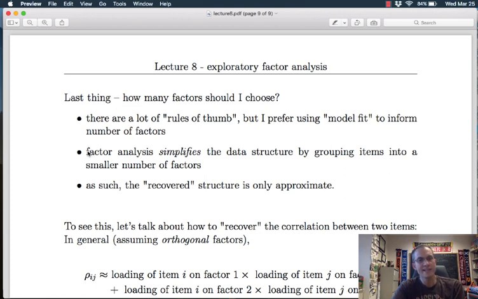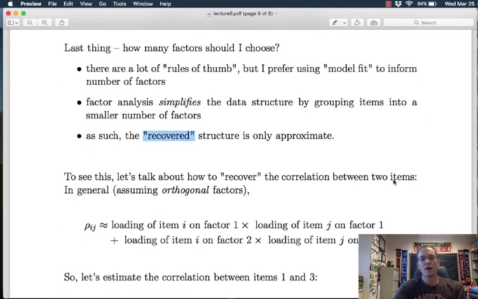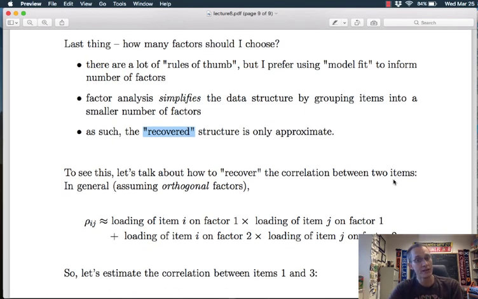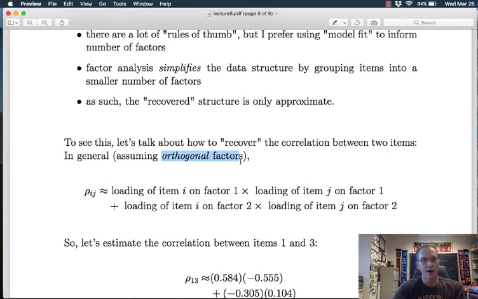First of all, what is factor analysis as a model? Well, remember, we talked about this. Factor analysis simplifies the data structure by grouping your items into a smaller number of factors. As such, the recovered structure, the approximate structure that you would get from this model, is only approximate. To illustrate that, let's walk through how you would recover the correlation between 2 items from the factor loadings. So let's assume that you have orthogonal factors.